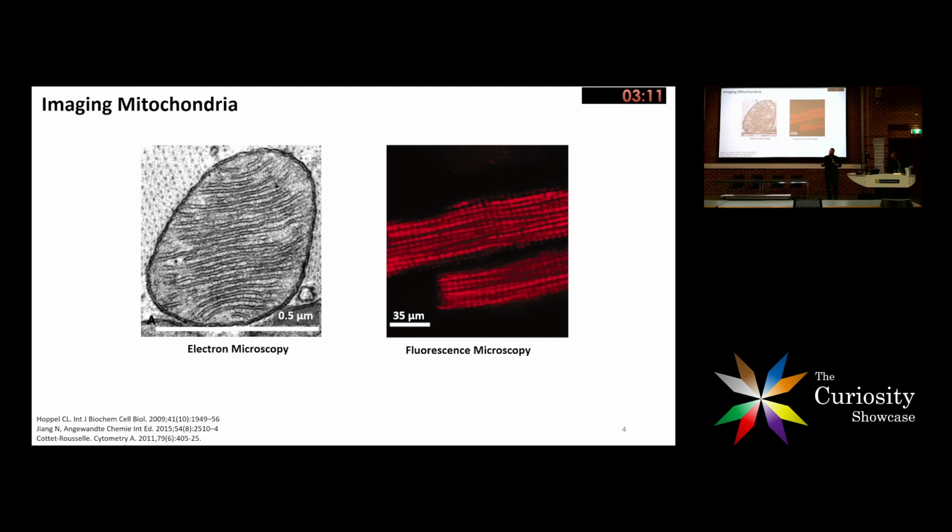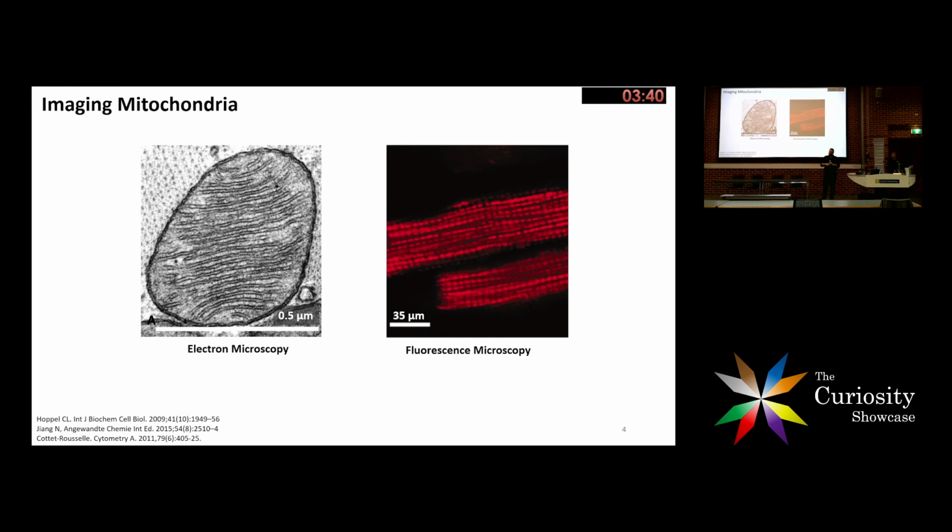So it's really great to have that high resolution. However, that high resolution comes at a great cost. Like literally, it's quite expensive. Electron microscopes are very, very expensive, as opposed to fluorescence microscopes, which are comparatively a lot cheaper and much more readily available. Also, the techniques that we use to produce contrast in electron microscopy are quite harsh, and that can lead to the introduction of artifacts.